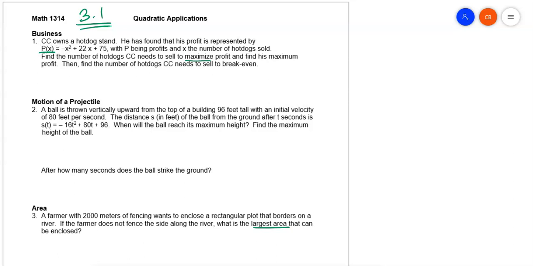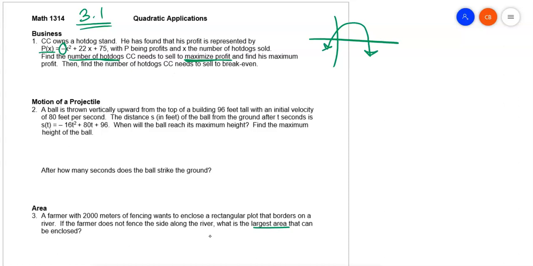And so what we want to do is find out the number of hot dogs, in other words, which X value corresponds to the maximum profit, so the highest Y value. If we just graph the general shape of this, it's going to be an upside down parabola because we have this negative in front of the x squared, so it's been reflected across the x-axis.